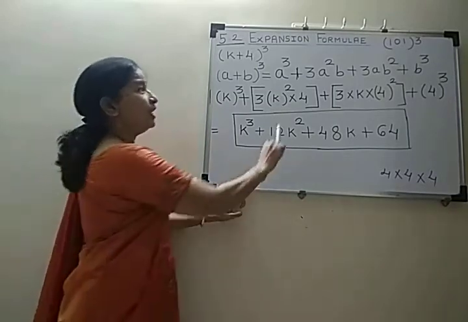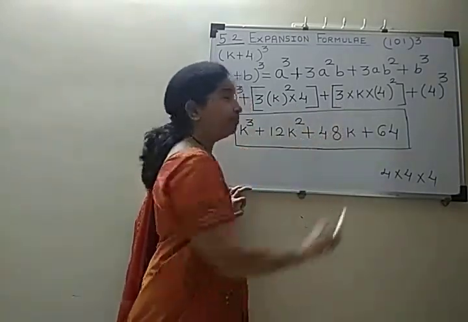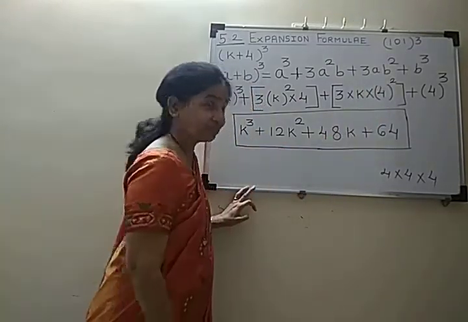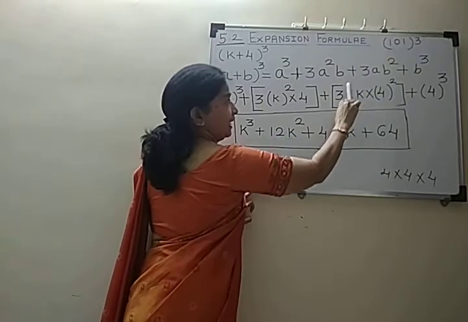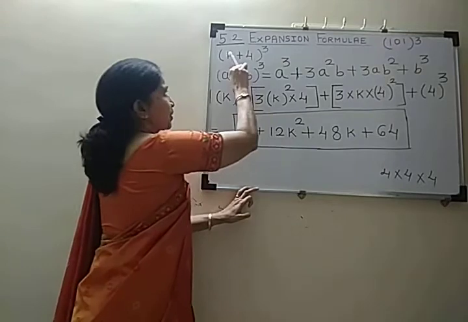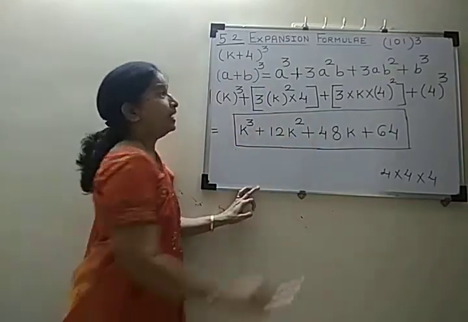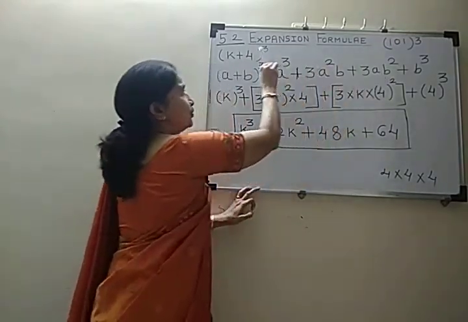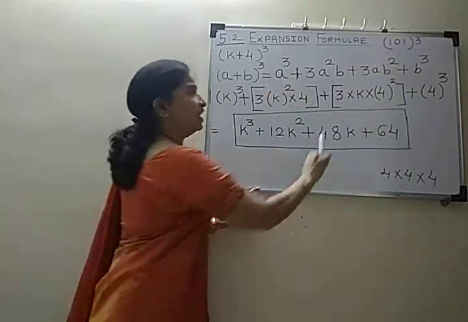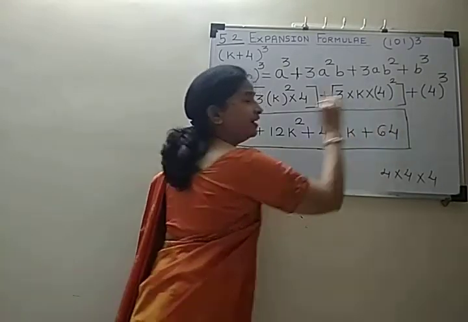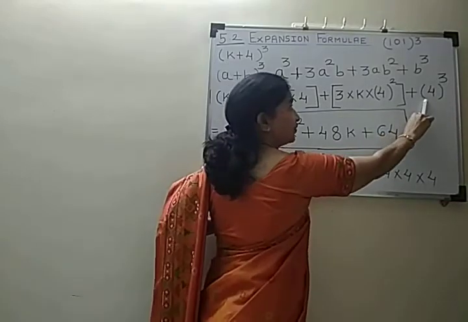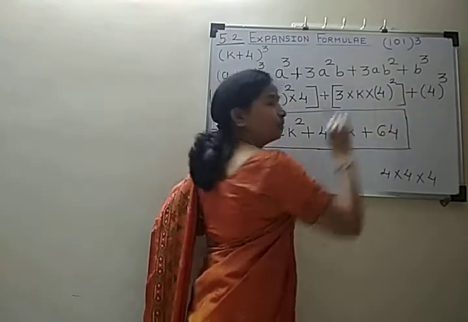Okay. How did we get the third term? This third term, 3ab square. Multiplication by 3. Then a means first term. Then b square means square of the second term. And thus we got the third term. What about the last term? It is b cube.